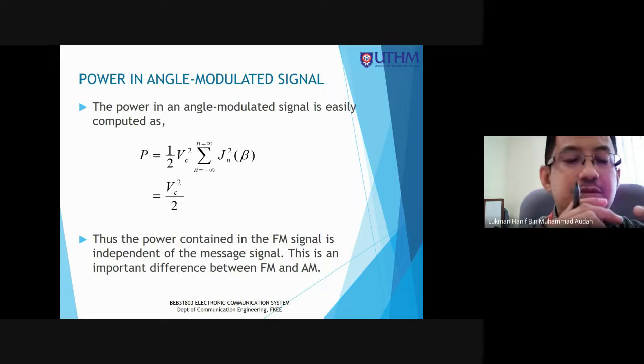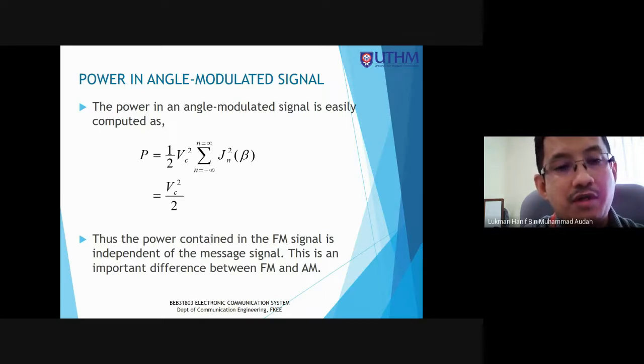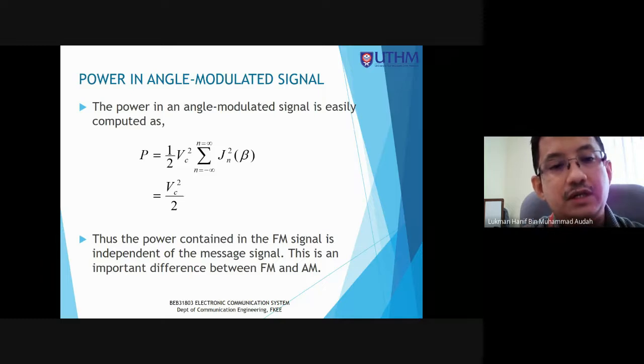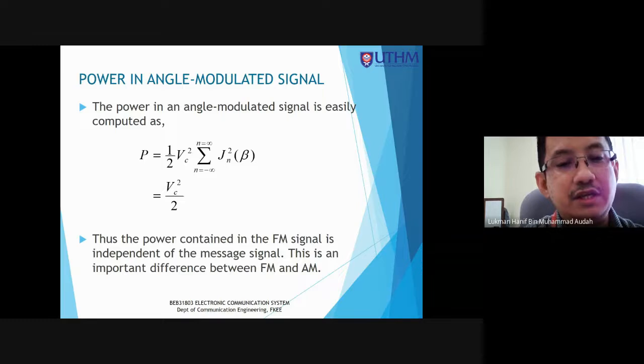So in general, the power calculation can be defined as 1/2 Vc square multiplied with summation of Jn square from -infinity to infinity. And from here you might wonder what happened to the resistance.